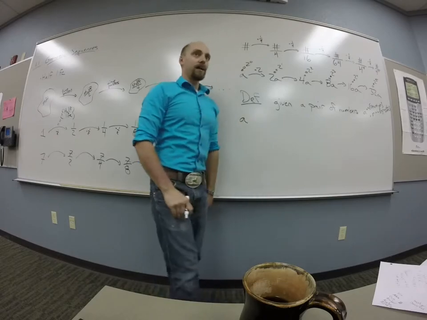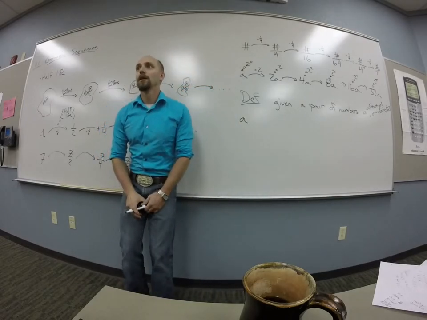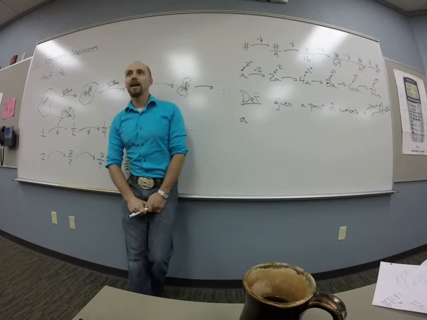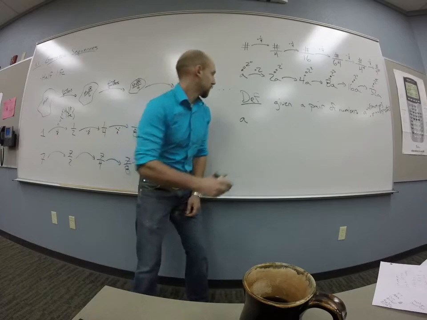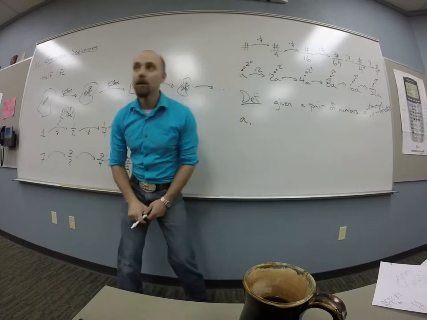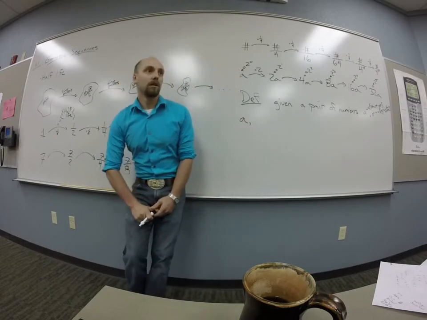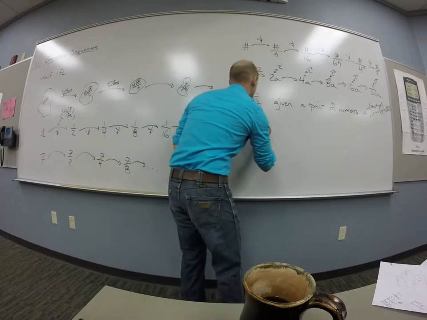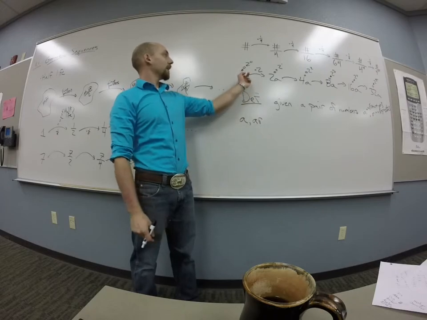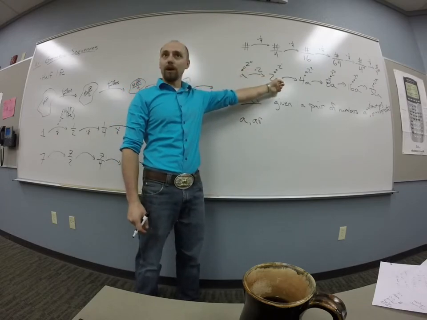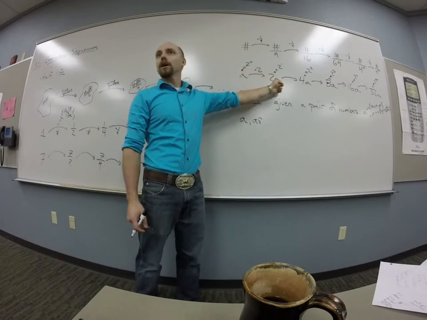So I start at A. And then what's the next element in my list? A times R. Good. So I start at A, and then I multiply by whatever the growth rate is. I get A times R.